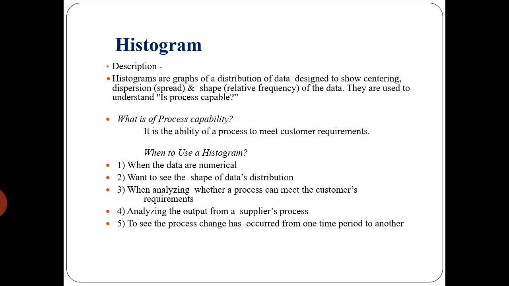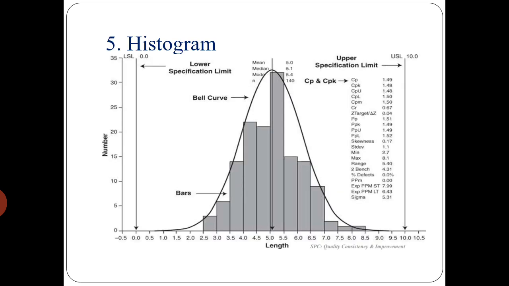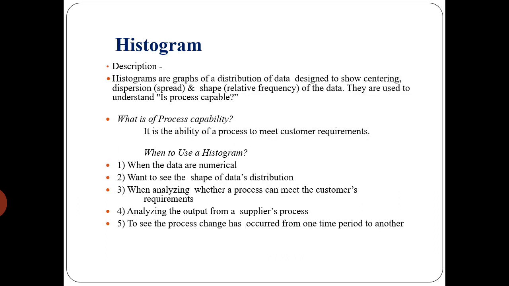Histograms are graphs of distribution of data designed to show centering, dispersion, and shape, the relative frequency of the data. They are used to understand whether a process is capable. So this histogram diagram is used to determine whether the process is capable to do the given work or not.